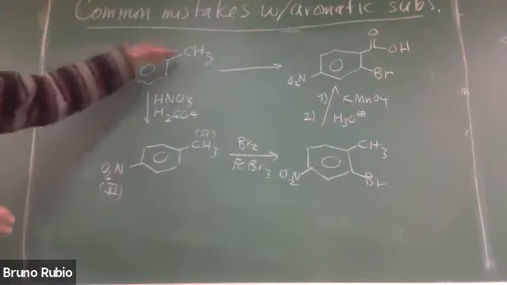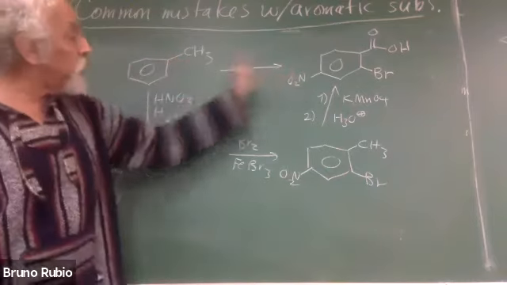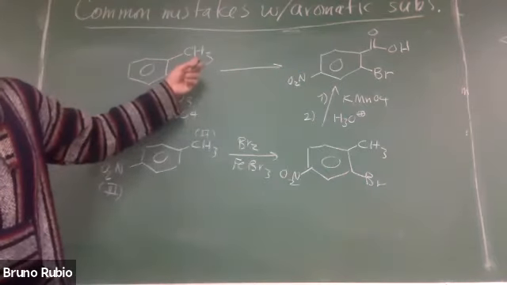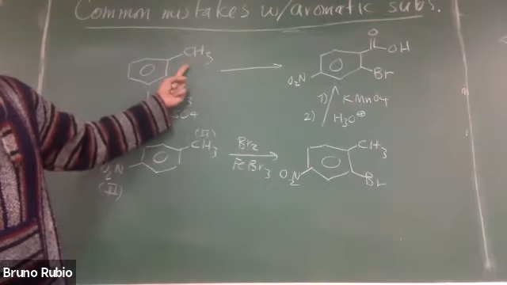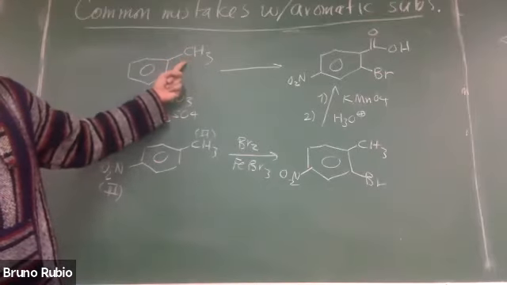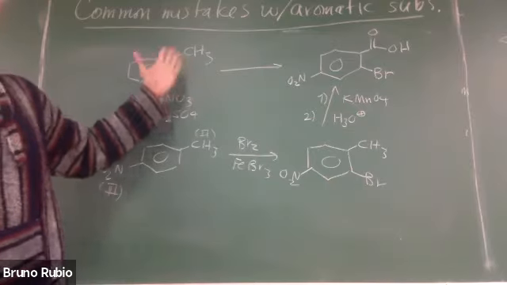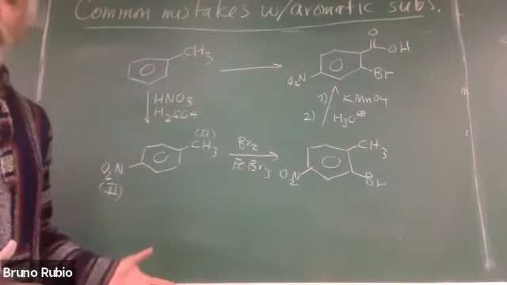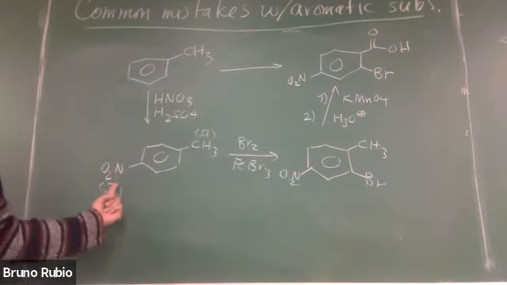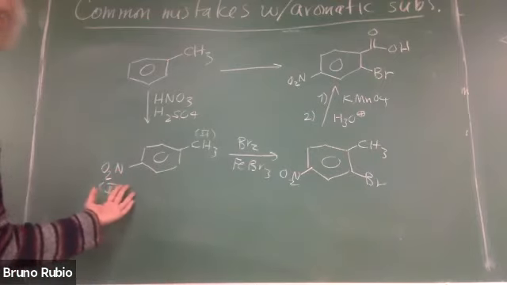It would be totally wrong to do this reaction first, because if you oxidize this methyl group to a carboxylic acid as the first step, you've put on a meta director, and now there's not going to be any way to put the nitro group on in the correct orientation.